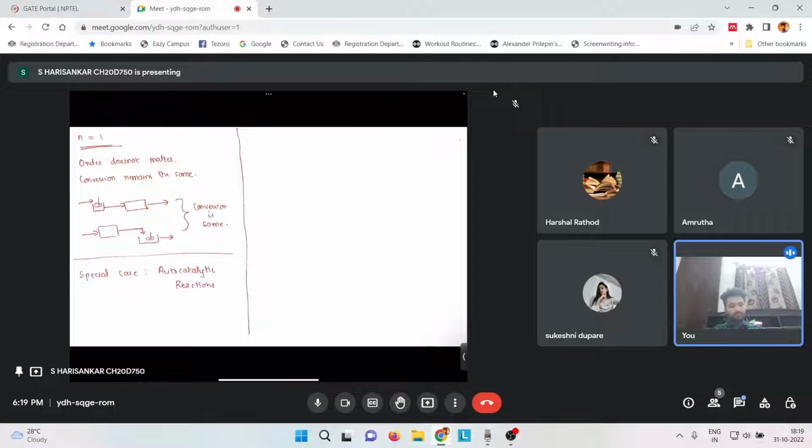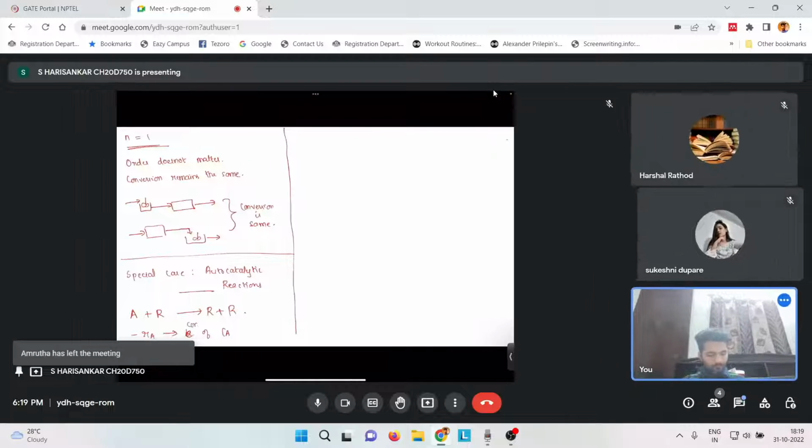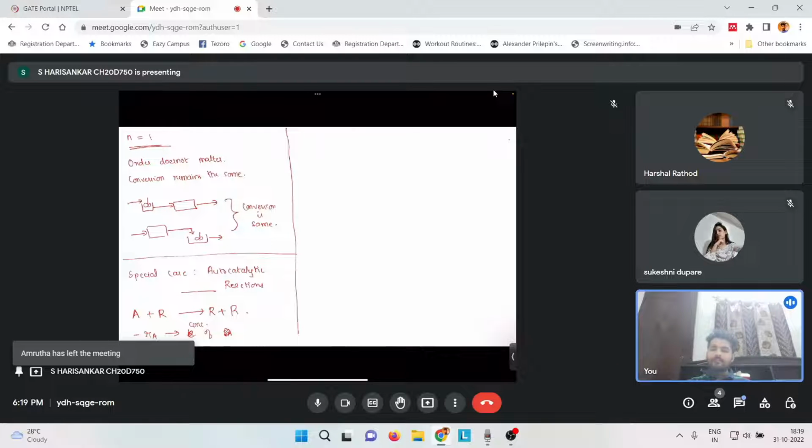A simple example for this would be A plus R gives R plus R. So R is the product here, but the final reaction rate also depends on the concentration of A. So the reaction rate depends on both the concentration of A as well as R. Such reactions are called autocatalytic reactions.